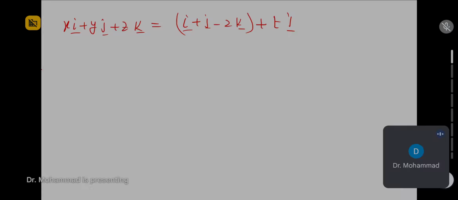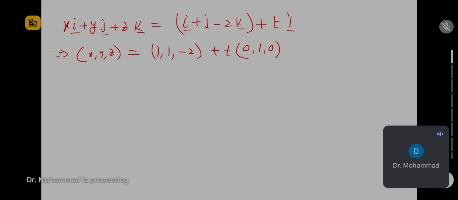So what we can write from here, you see. Can we write it like this? This is our x, y, and z. And this is 1, 1, and minus 2. And this is t, this is z, that is 0, 1, and 0. Can you write like this?